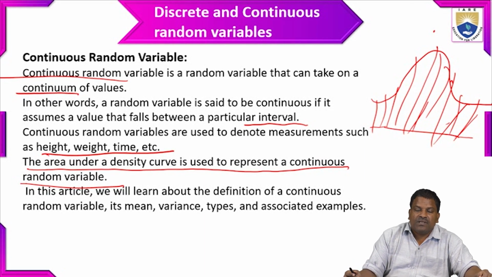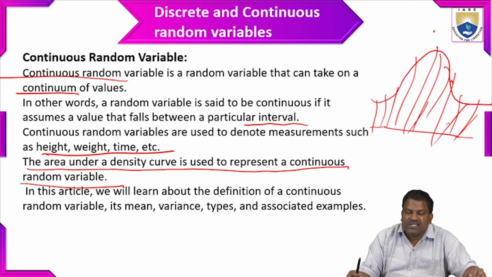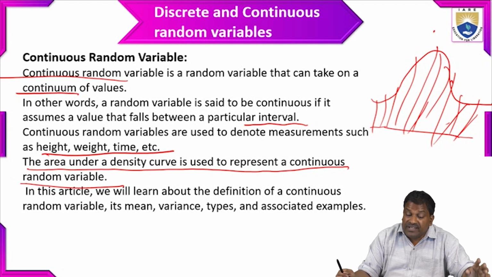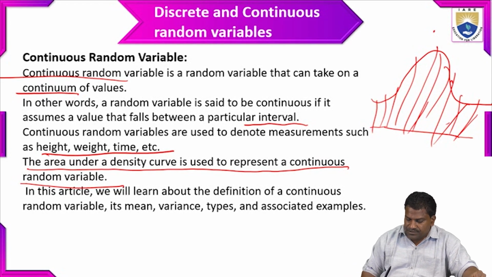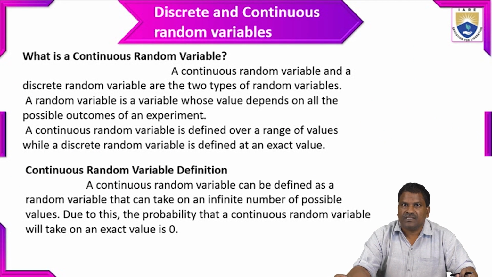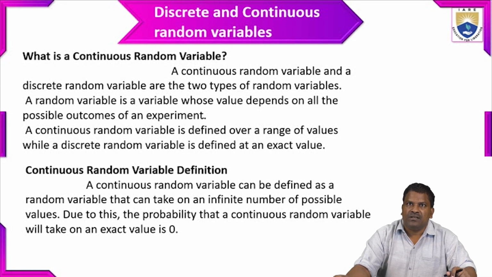In this article, we will learn about the definition of a continuous random variable, its mean, expectation, which is a little bit the same as mean, variance, types, and associated examples. What is a continuous random variable? A continuous random variable and a discrete random variable are the two types of random variables.